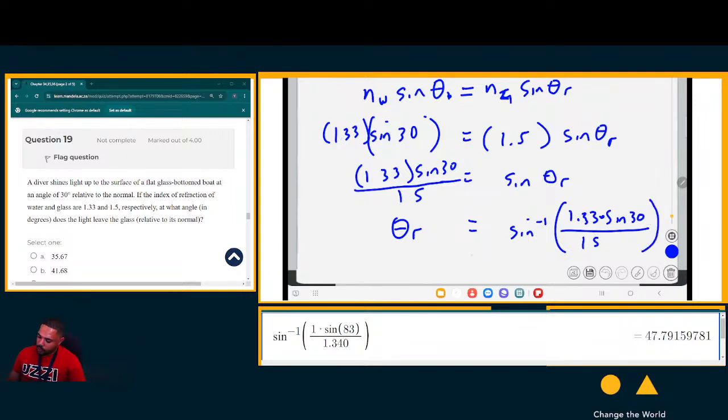Okay, so the refracted angle is thus, let's work it out on the calculator.